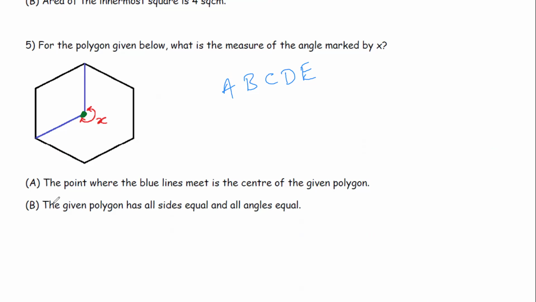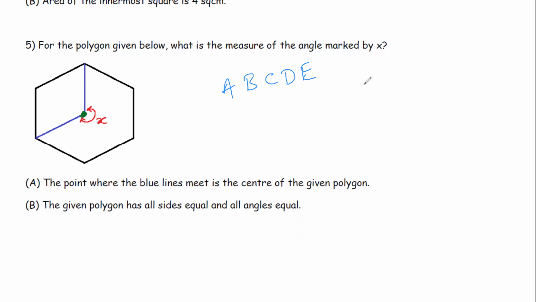Now, we know that it's the center of the polygon, but we don't know whether this polygon is a regular polygon, meaning a regular hexagon, or not. Had it been a regular polygon, with equal sides and equal angles, then we could say what X is equal to. But the first statement only tells us that where the blue lines meet is a center.